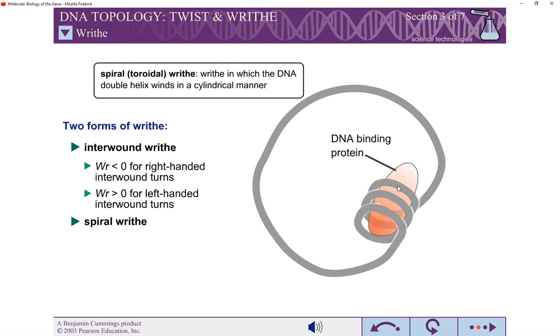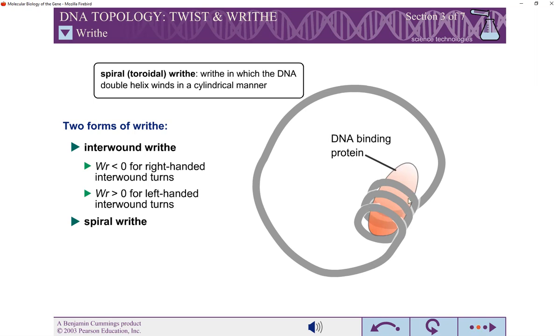Around this protein molecule, DNA is wrapped, and such wrapping leads to the production of a writhe that is commonly referred to as the spiral writhe, also called the toroidal writhe.